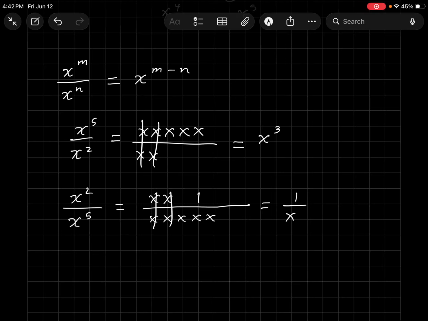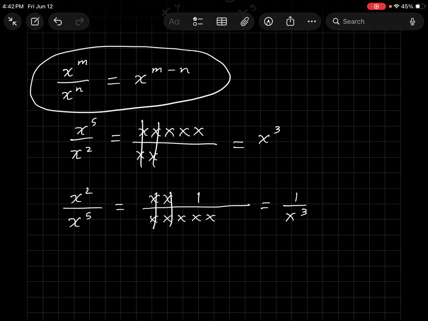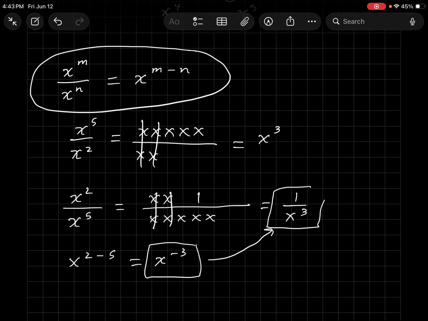And I have 1 over x cubed. But this property still holds, meaning I could have done x to the 2 minus 5. Dividing with the same base, we subtract exponents, which is x to the negative 3. This is why negative exponents flip things over. Negative exponents do not make things negative.